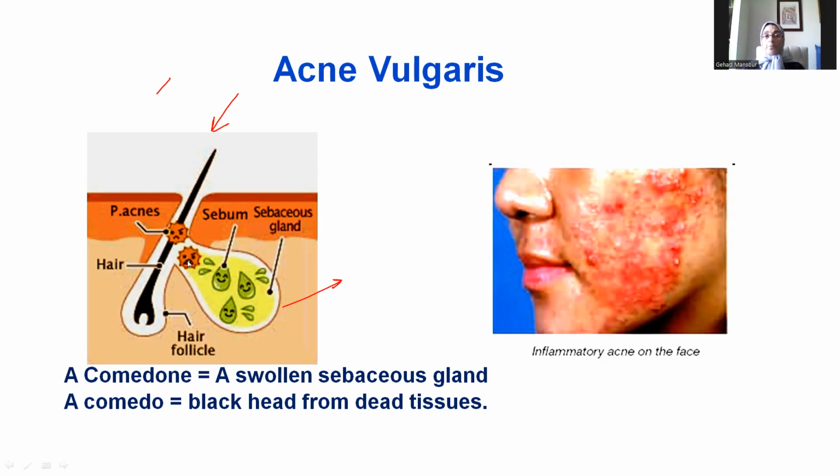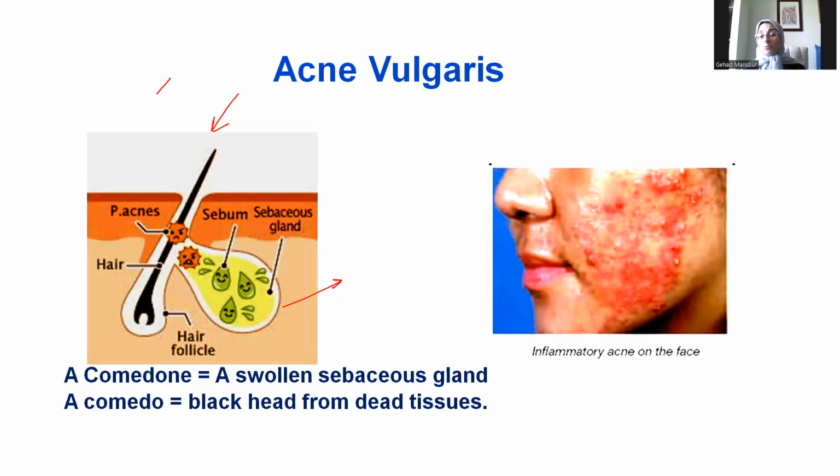The next question would be, what happens when the gland duct is obstructed? Does the gland stop producing sebum? No, it continues producing sebum, but the duct is occluded. So the result is that the gland will be swollen with sebum, and this is what we call the comedone. Who is inside the sebaceous gland and inside the hair follicle?